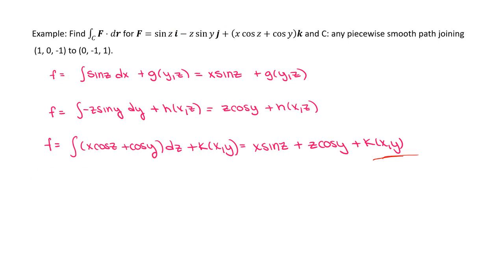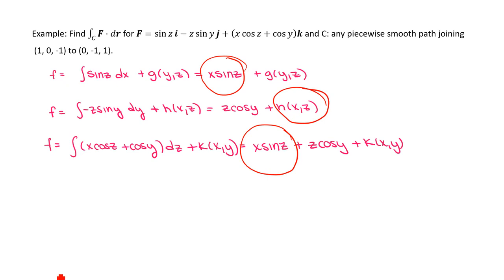So then comparing all of this information, let's see, we have an x sine z that didn't appear in the second integral, but that's okay because it only has x's and z's. Okay, it did appear in the third, that's good. So my potential function has an x sine z in it.